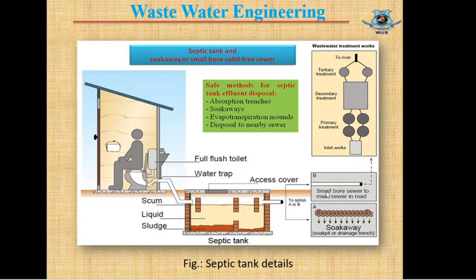The other option is the small bore sewerage system, with which the effluent water or effluent solids directly enter the main sewer in the road, and this waste is treated somewhere in the treatment system. This is the common practice, or the total description of the septic tank.